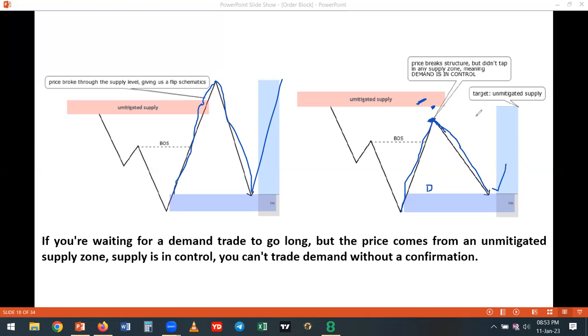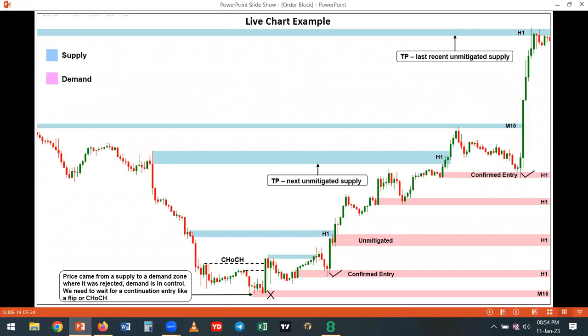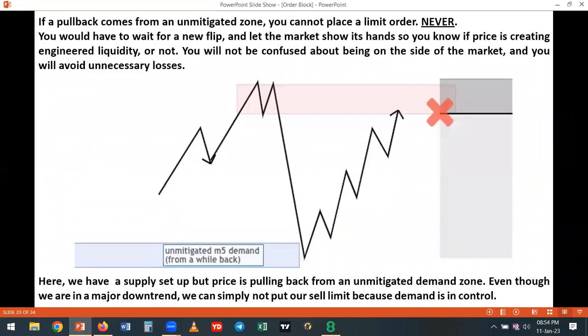You can buy to take your profit here because this other block here was not hit. Okay. All right, I think this actually explains it a bit.